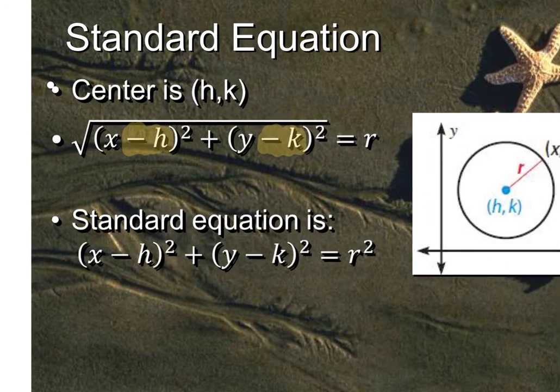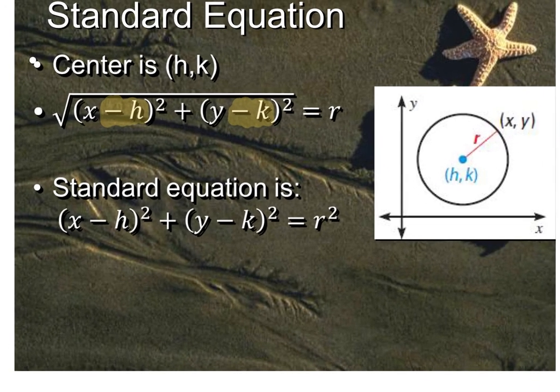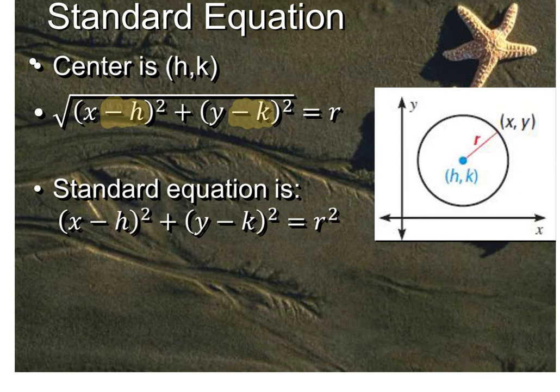So it's x minus h squared plus y minus k squared equals r squared. The standard equation for a circle where your center is not at the origin, where (h, k) is your center, and r is still your radius.